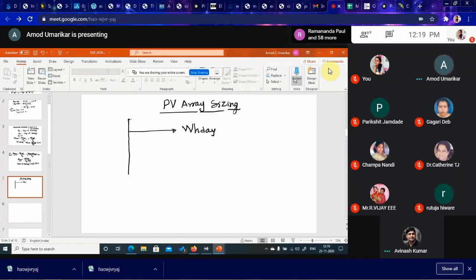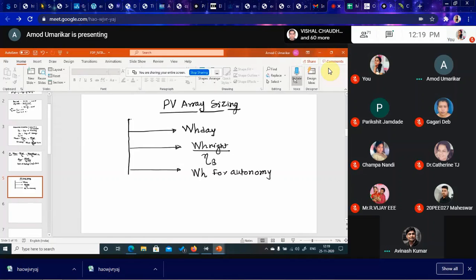The watt hour day load, then the night load, which has to be stored in the battery, and then the day of autonomy, WH for autonomy.